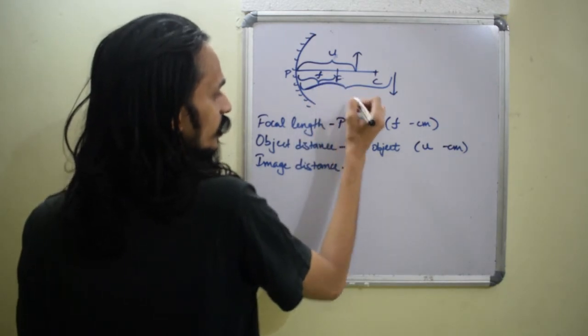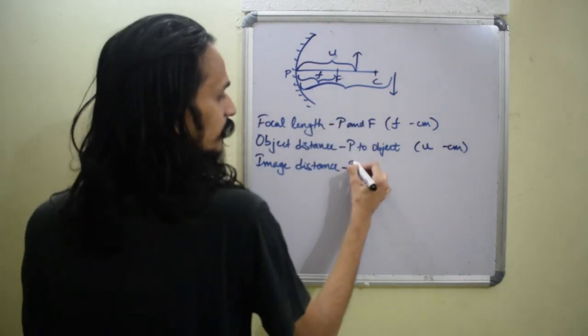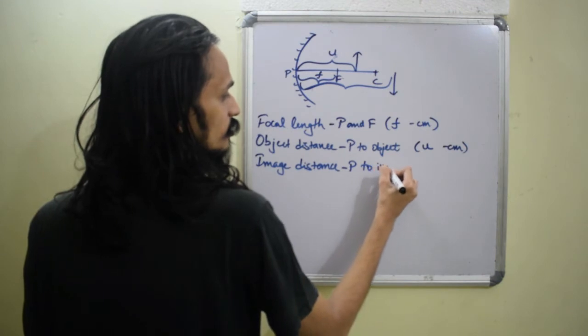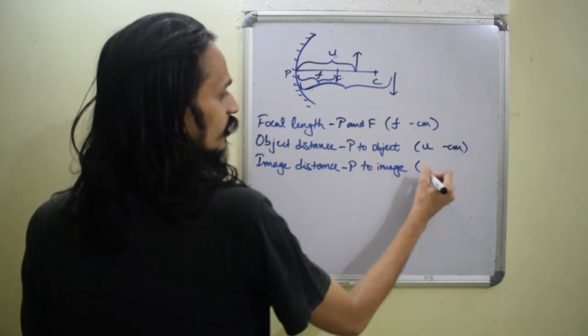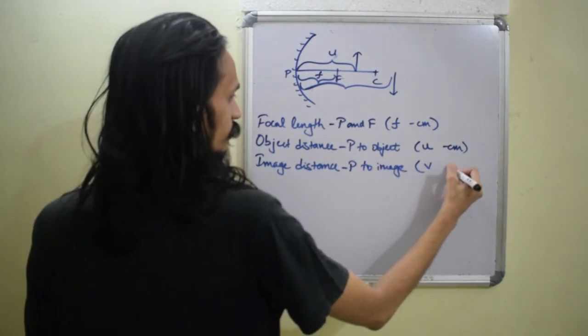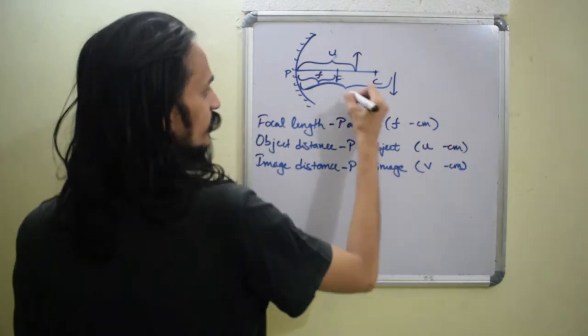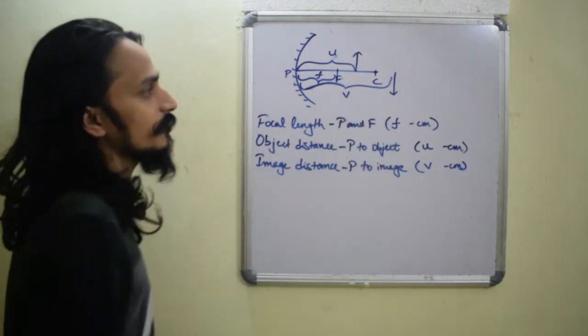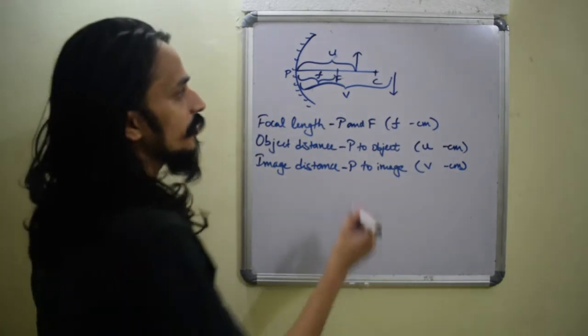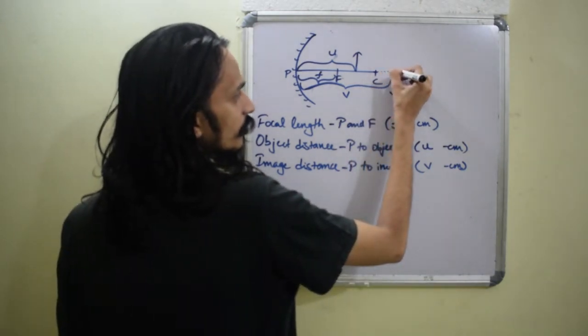This is nothing but image distance, P to image, and we denote that with a small v, and it is also written in centimeters.